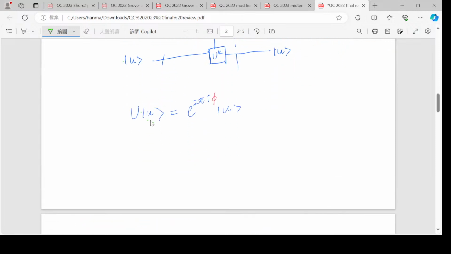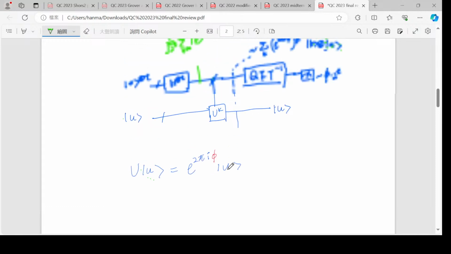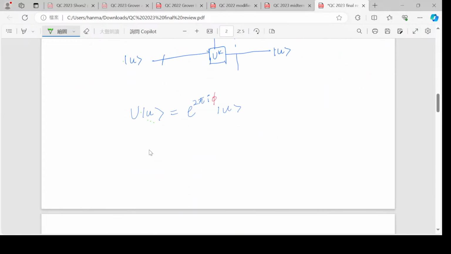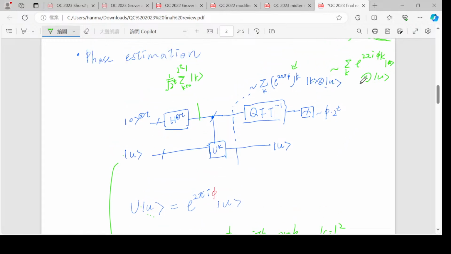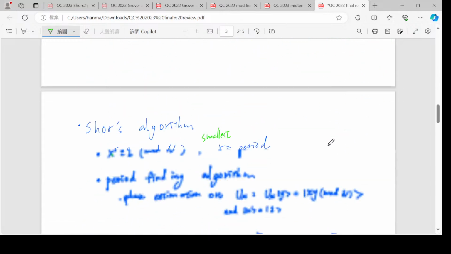But the nice thing about phase estimation is that if you have a linear combination of different u_i, say you use the summation of c_i u_i as the input, then on the output you get phi_i with probability c_i squared, just because everything is linear. So a linear combination of u's gives a linear combination of different phi's as the output.